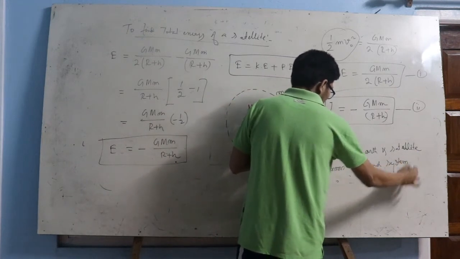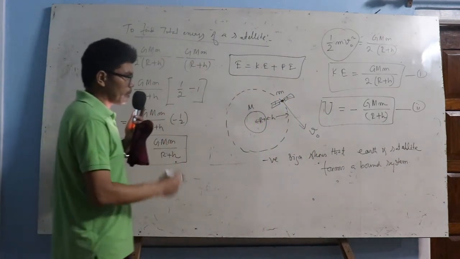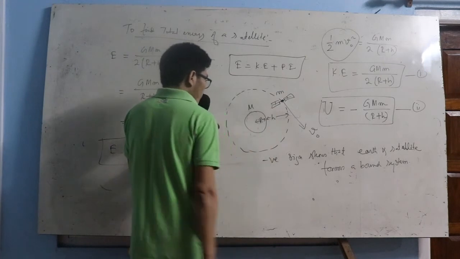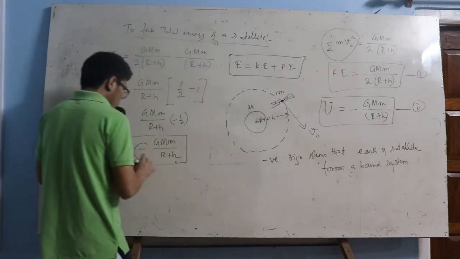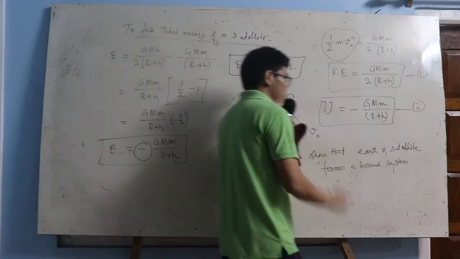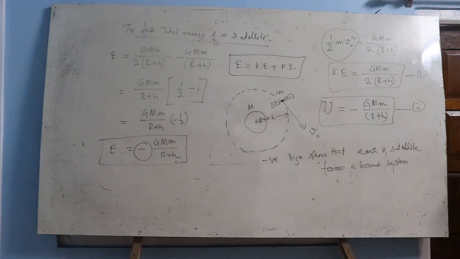Bound system means both satellite and the Earth are bound together by gravitational force of attraction. I repeat again. The negative sign indicates that there is attractive force between the satellite and the Earth. All right.